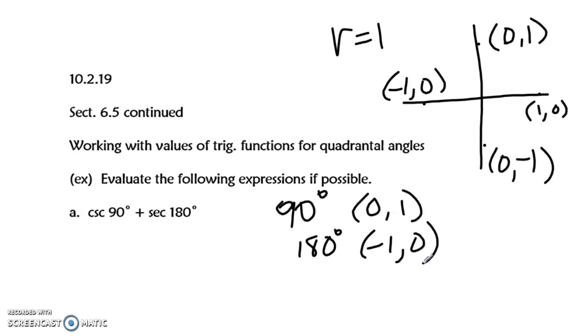So cosecant in terms of x, y, and r, what over what gives us the cosecant? R over y, because that's the reciprocal of sine.